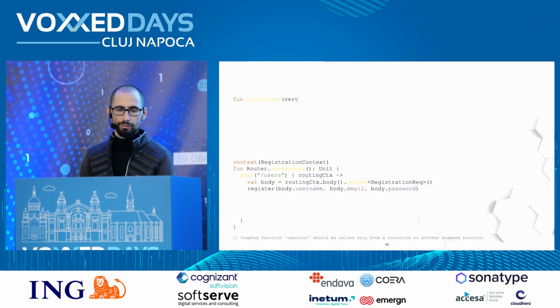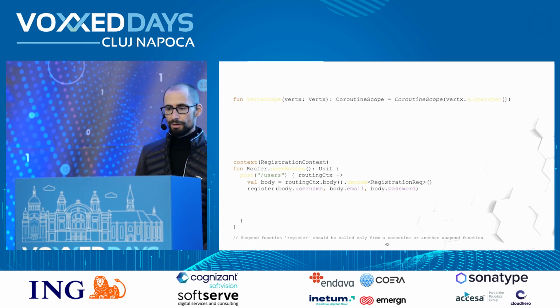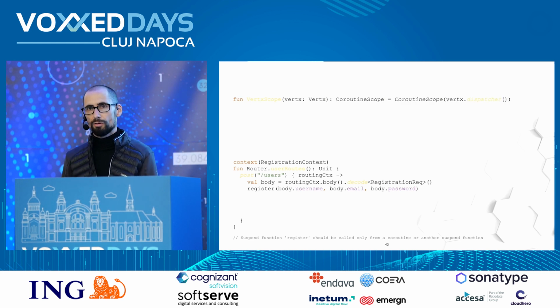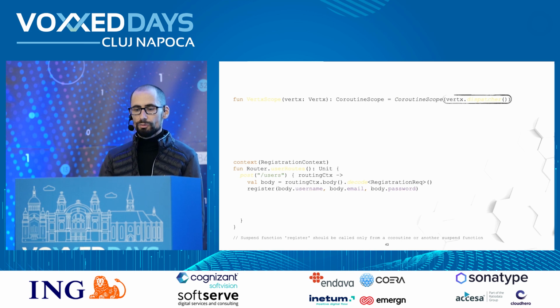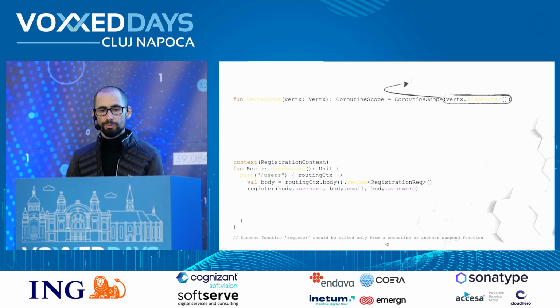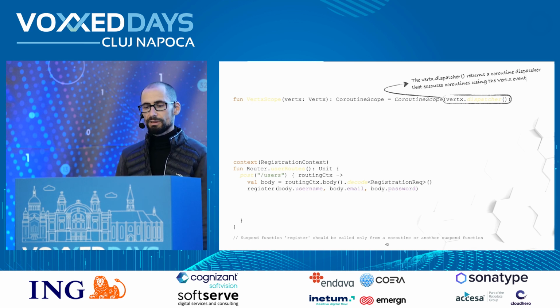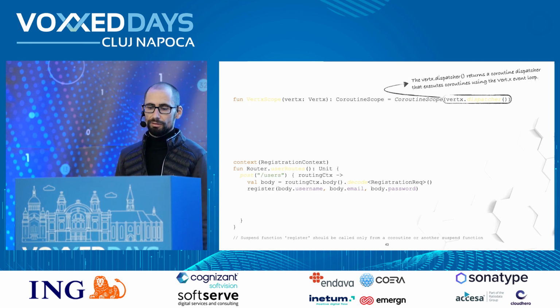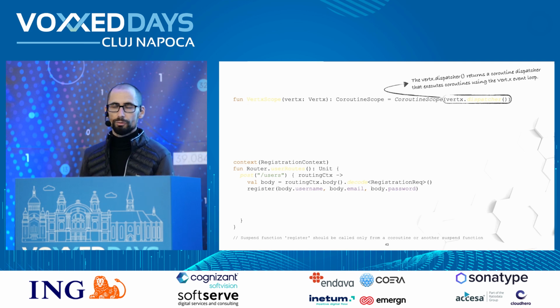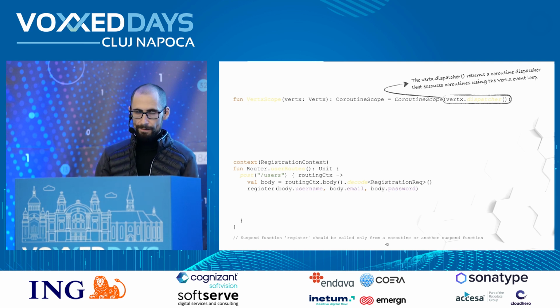But what we can do is create a coroutine scope in which we can execute our suspension functions. And we're going to use the Vertex dispatcher, because the dispatcher uses under the hood the event loop that I told you about in the beginning. And again, we don't want to fight the framework. We want the framework to help us.